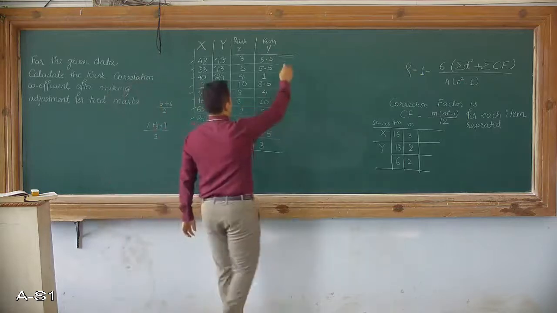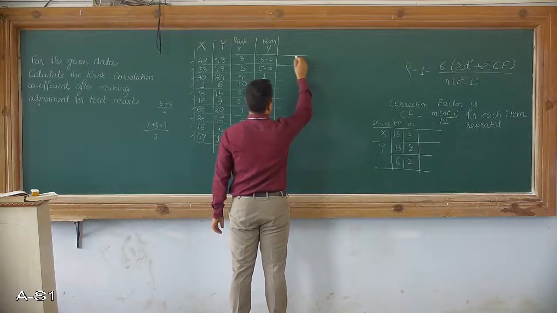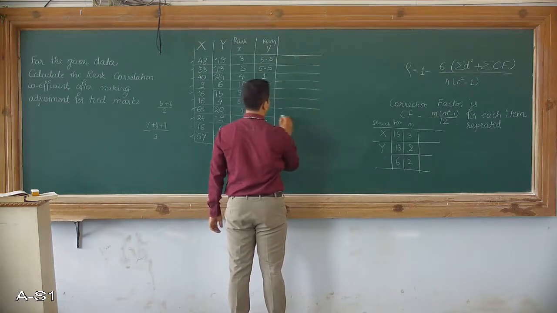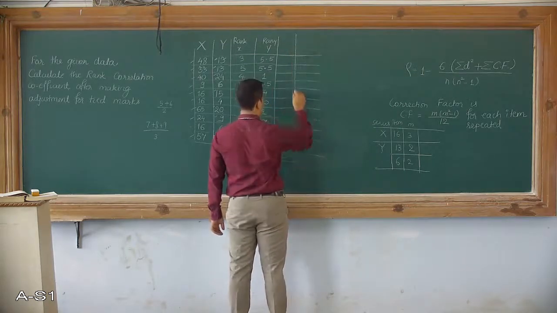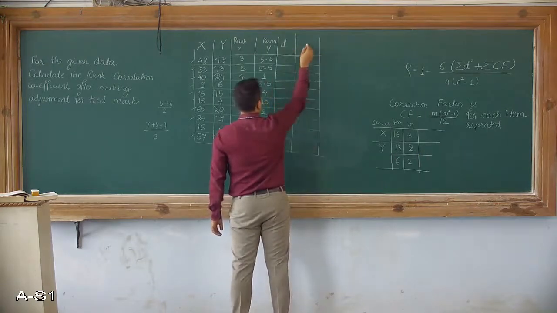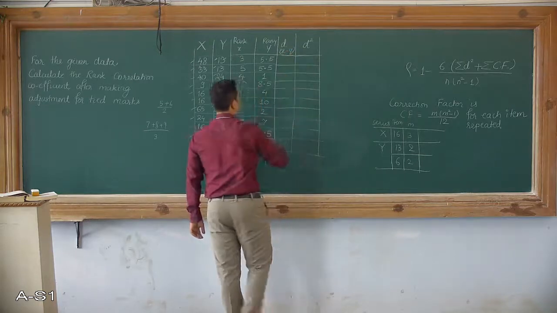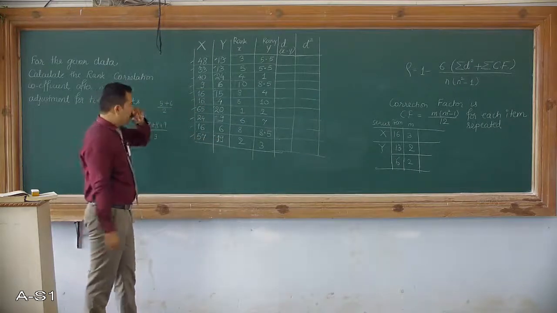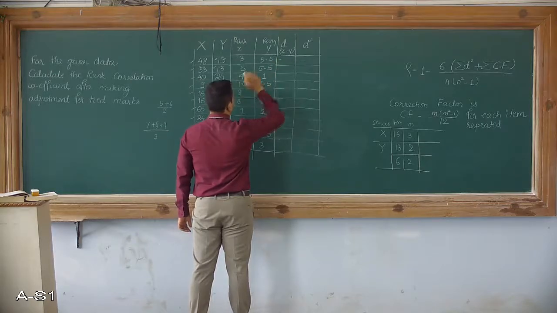Okay, now we'll calculate the deviations. Then we have to also square these deviations. So deviations I have written here. Okay, now 3 minus 5.5 gives me minus 2.5.